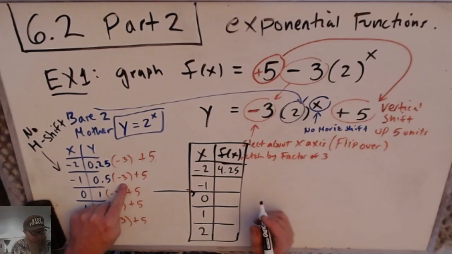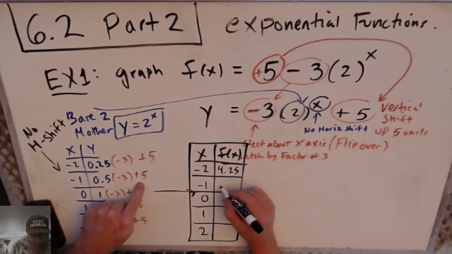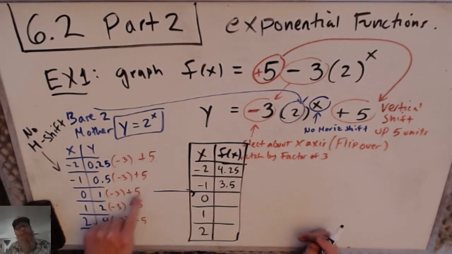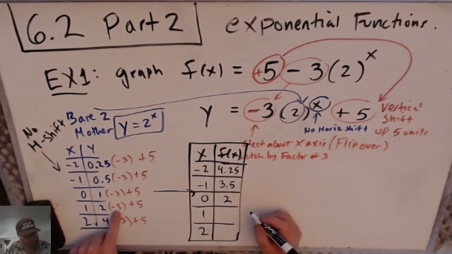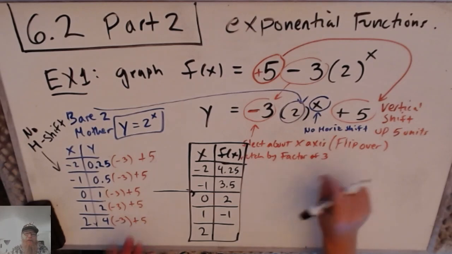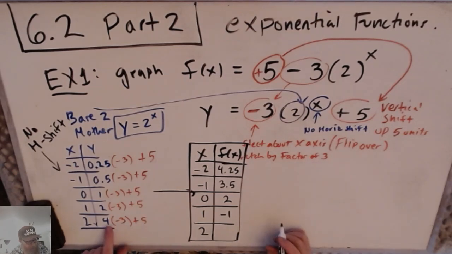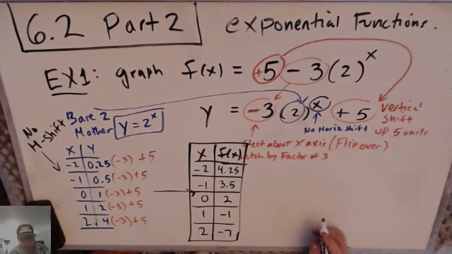Then -3 times 0.5 plus 5 is going to be 3.5. Here, -3 times 1 plus 5 is 2. -3 times 2 plus 5 is -1. If you have to, use a calculator, do some scratch work. -3 times 4 plus 5 is -7.